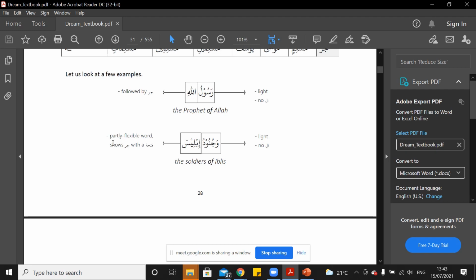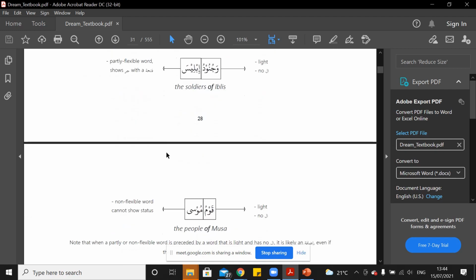Now we are confident that it could be mudaf ilayh, because we know that it's partially flexible. It's not going to show the jar status. So now we can say that Junudul Iblisi is an Idafah fragment, and it will translate as the soldiers of Iblis. Junud means soldier.